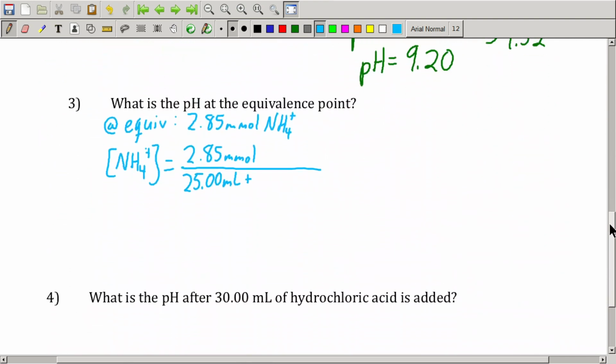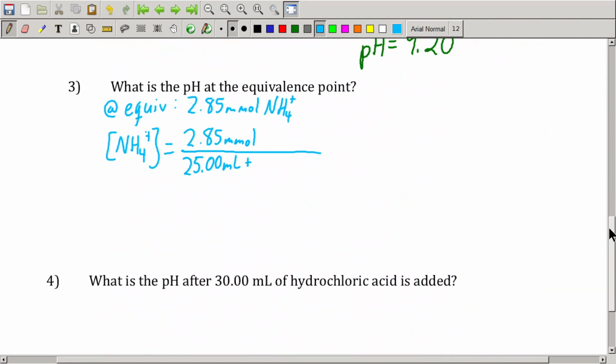I'm trying to remember what the Kb is, or Ka as well. Write it down before I forget. Okay, 0.054.